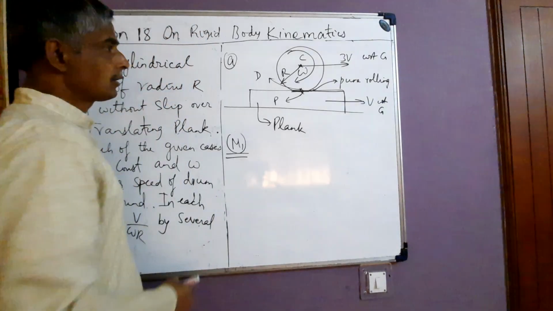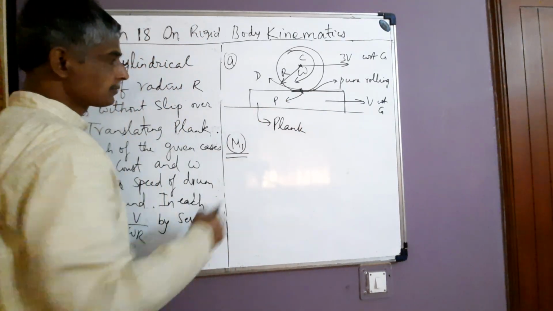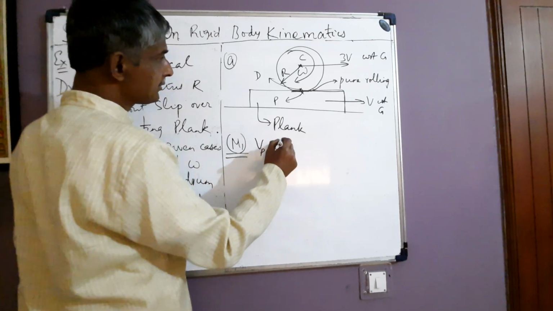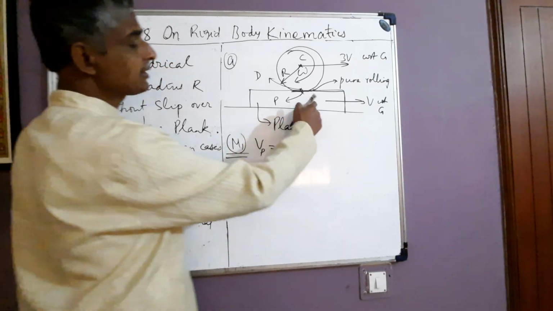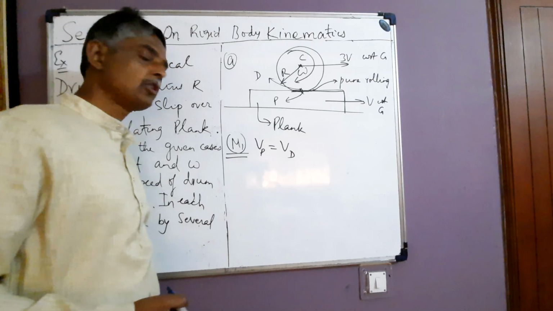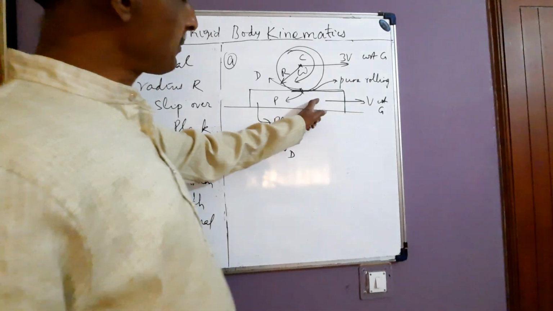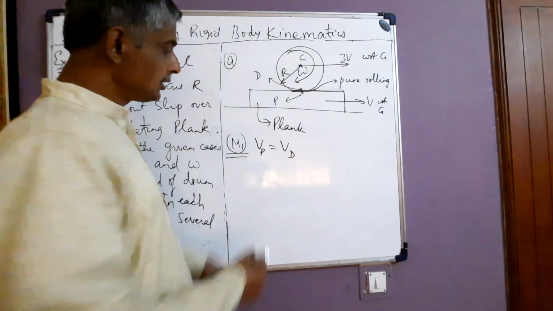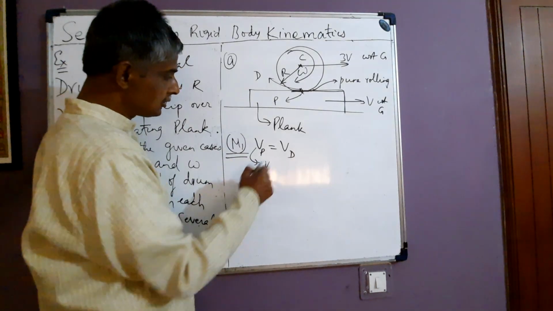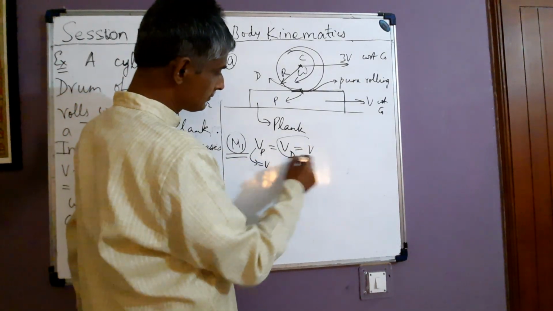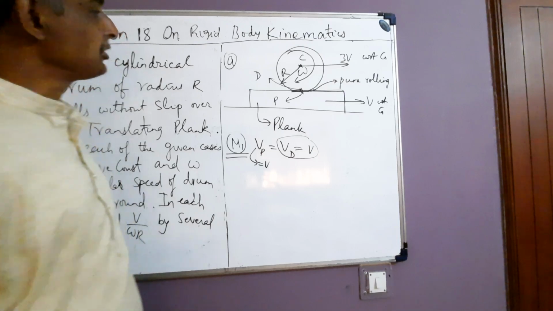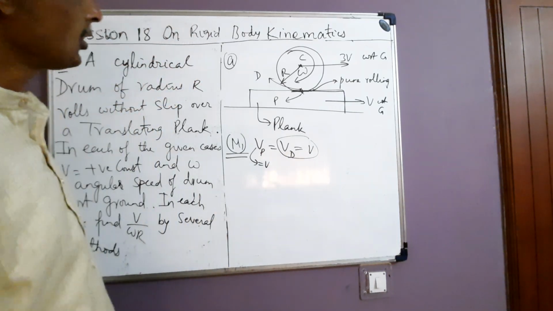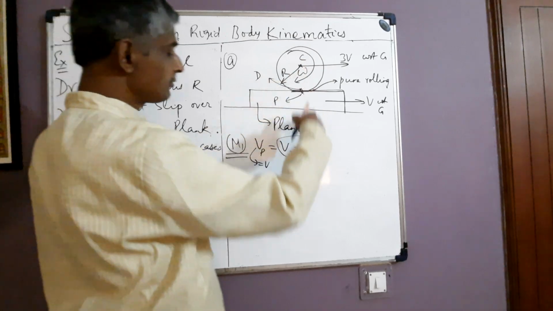Since pure rolling takes place, velocity of P is the same as velocity of D. The plank translates at V, so velocities of all the material points of the plank are equal to V. So Vp is V, and Vd is also V. Velocity of material point D of the drum with respect to ground is V.